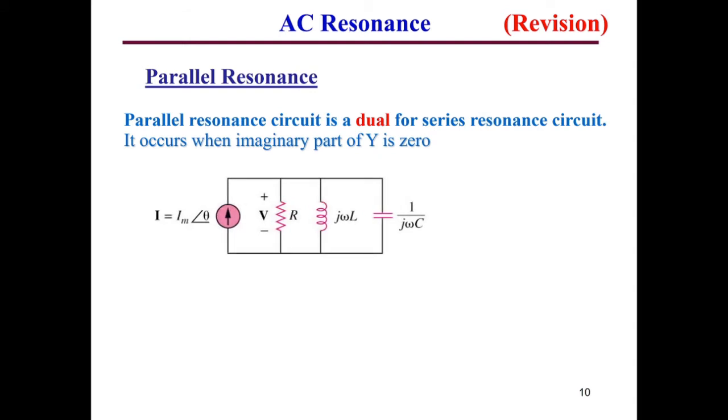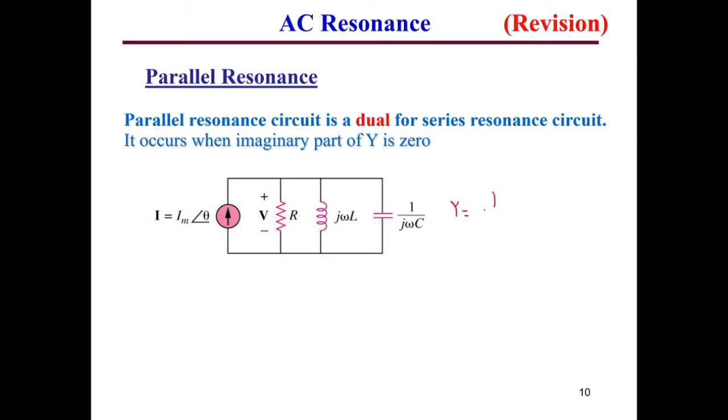Okay, this is the parallel resonance circuit, so the elements are connected in parallel, and resonance will occur when the imaginary part of Y is 0, because those are connected in parallel.